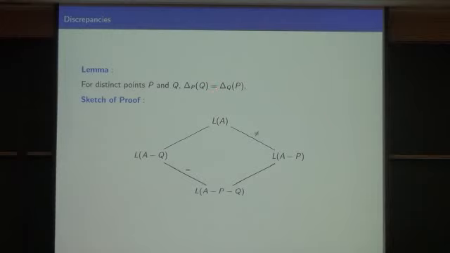If you look at the picture, if A is in delta PQ, that means LA and LA minus P are different, and LA minus Q and LA minus P minus Q stay the same. If this is different and this is the same, then this has to be different and this has to be the same, which is the same as delta QP.